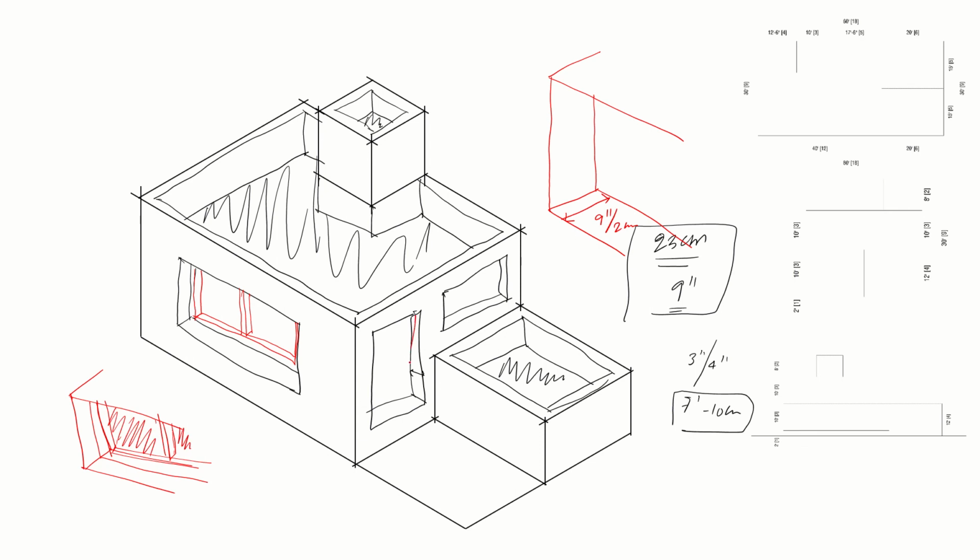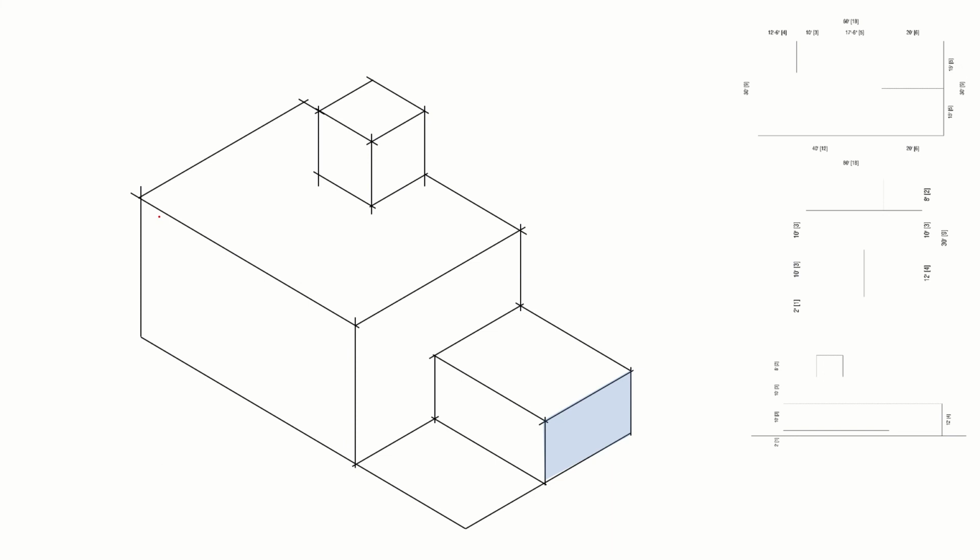Just try to add detailing in terms of 3D. You will start to be able to draw the details. Let's say I'm just trying to add a shading element here. Fine. So this is, let's say, some element.